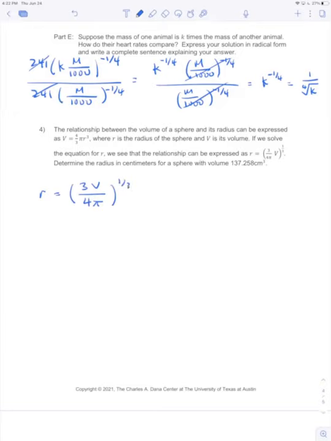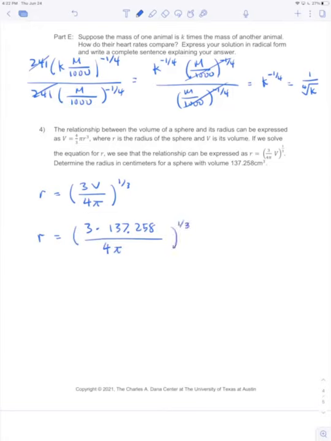Determine the radius in centimeters for a sphere with a volume 137.258. So what we have to do is take this equation, 3 times 137.258 over 4 pi, and raise that to the 1/3 power.